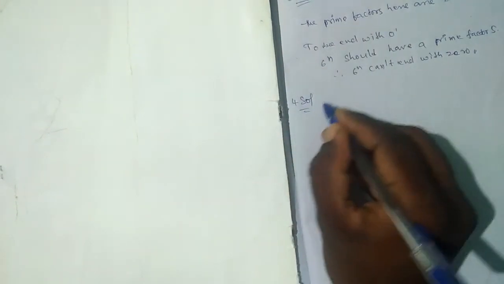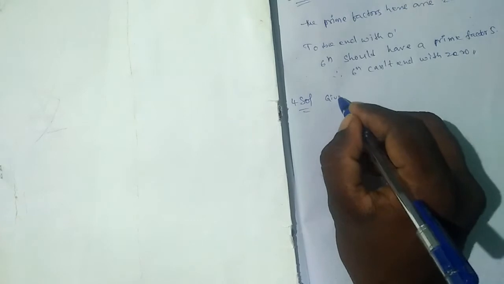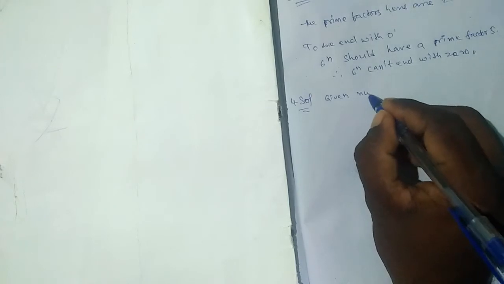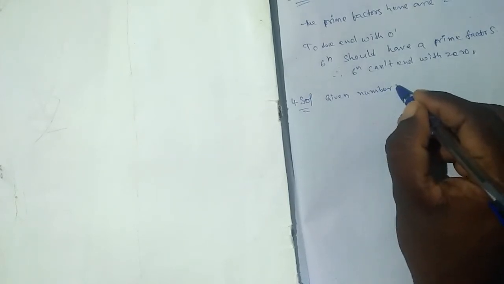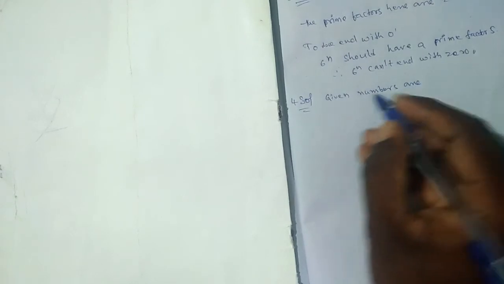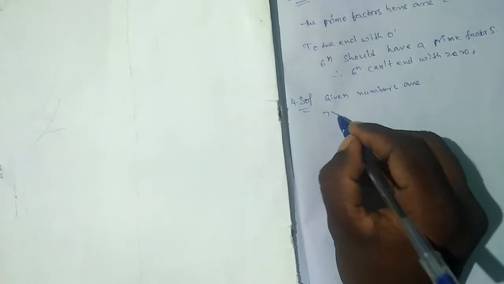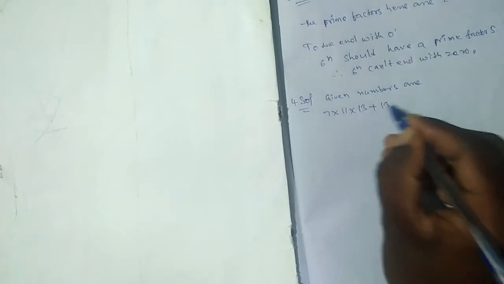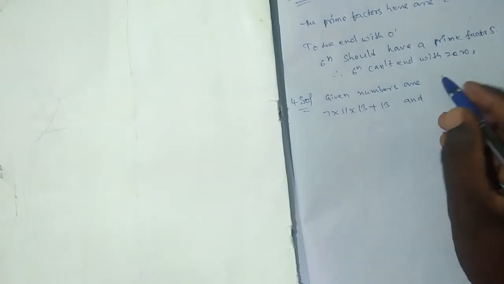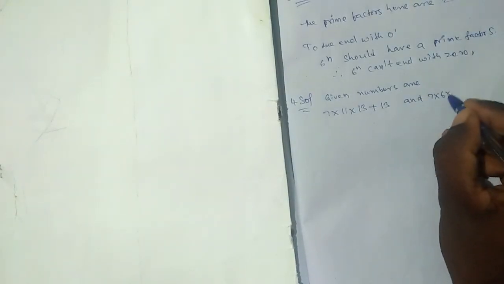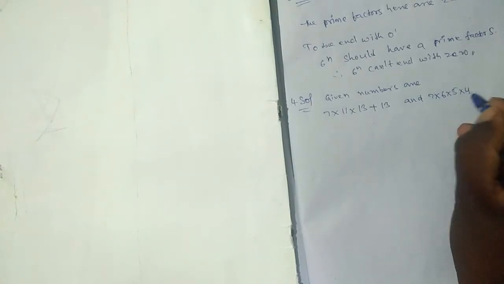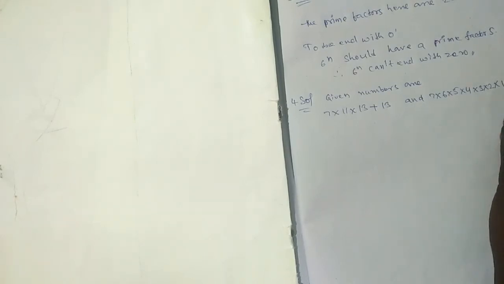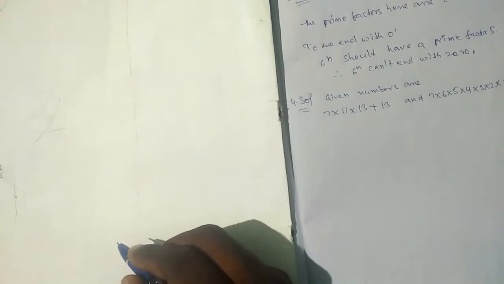Fourth solution. Given numbers are: what numbers are given? 7 into 11 into 13 plus 13, and the second number is 7 into 6 into 5 into 4 into 3 into 2 into 1 plus 5.